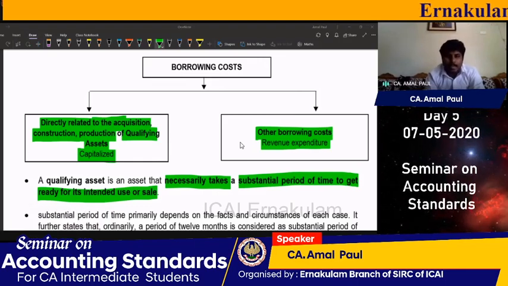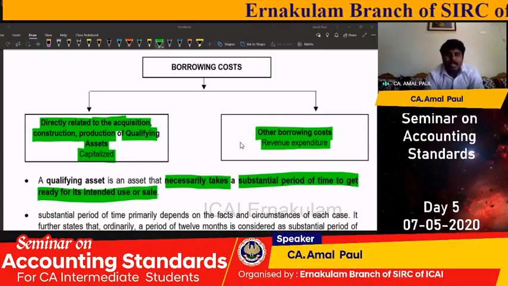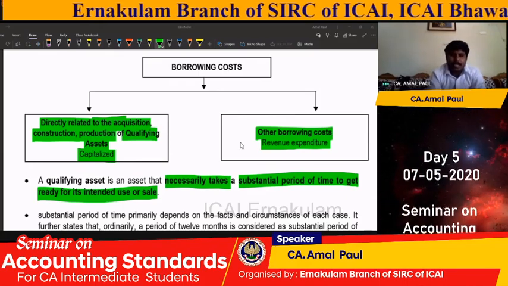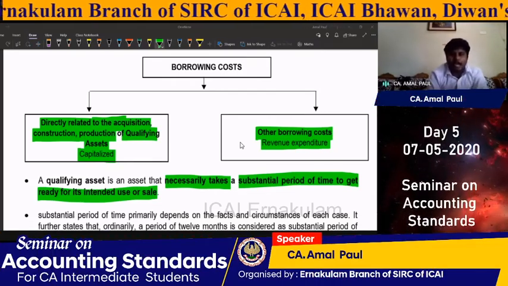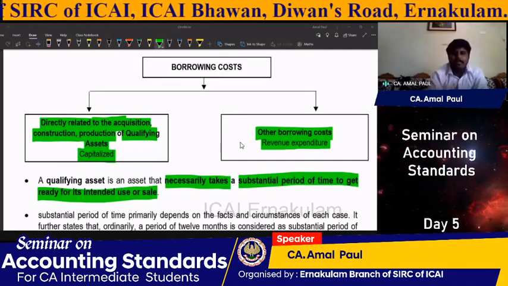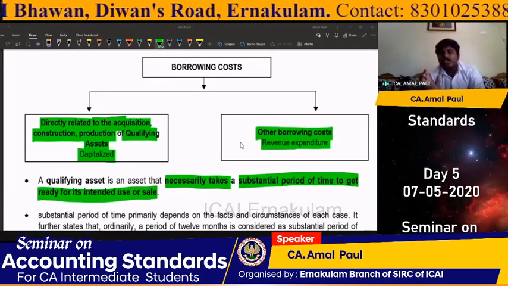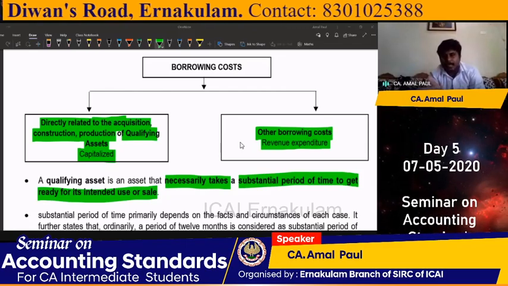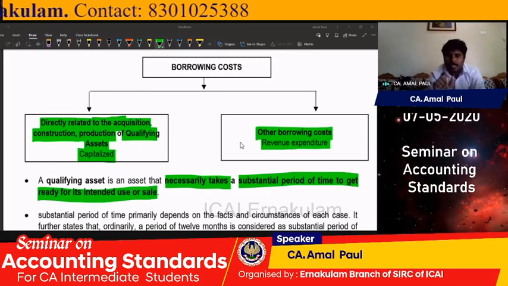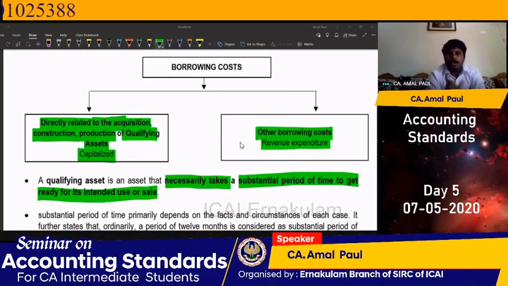What it exactly means: if a substantial period of time is required to make some asset into a usable condition or saleable condition, then only will an asset meet this definition of qualifying asset.